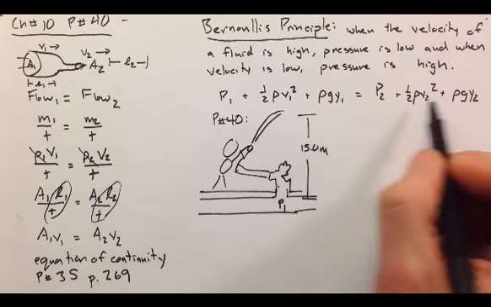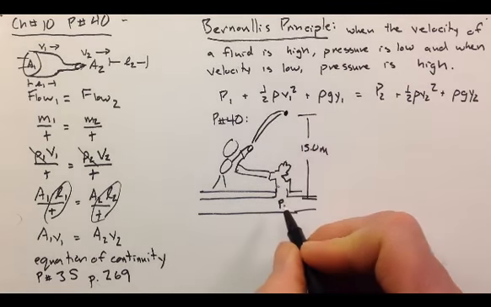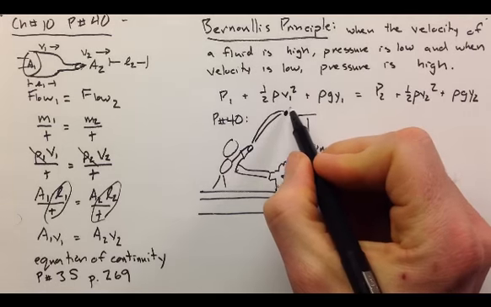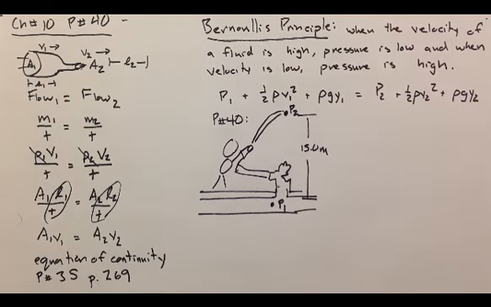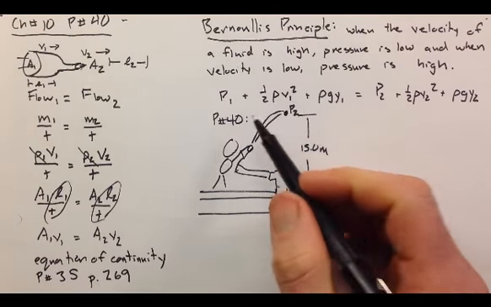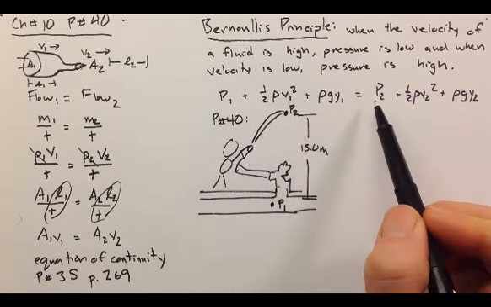This is Bernoulli's principle, this is Bernoulli's equation. So what we're going to do is compare two spots in the flow of water here, location 1 and location 2. Now, it's best to use absolute pressure here for P1 and P2.